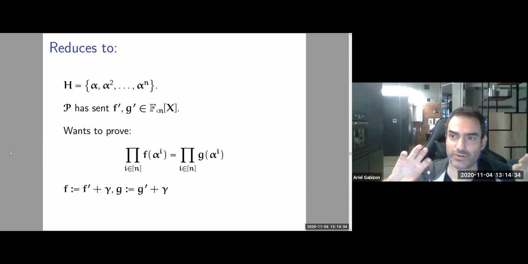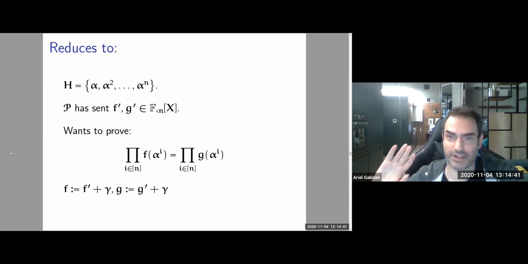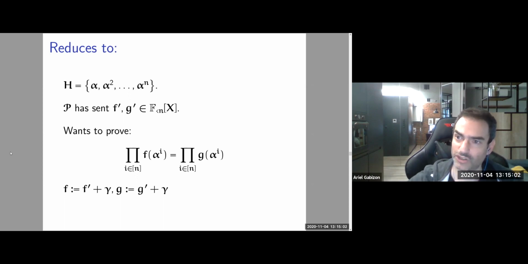Say my set H is powers of some element alpha. Then checking that these multisets are the same can reduce to just comparing the products of the polynomial values when I shift both these polynomials by this random gamma.